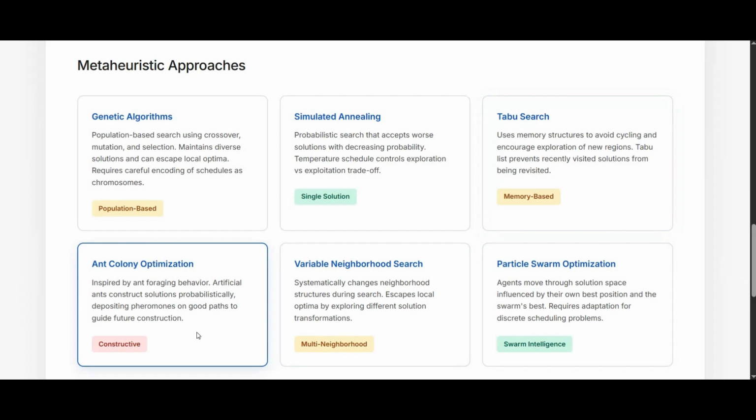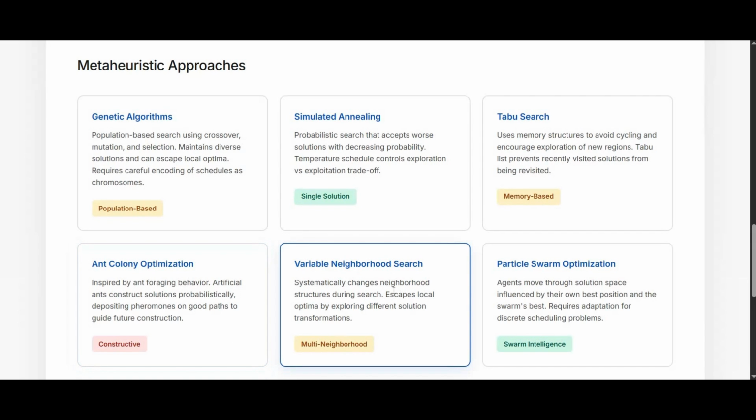Ant colony optimization takes inspiration from how ants find food paths. Virtual ants lay down trails called pheromones to mark good paths. Over time, the best routes strengthen, guiding future search.